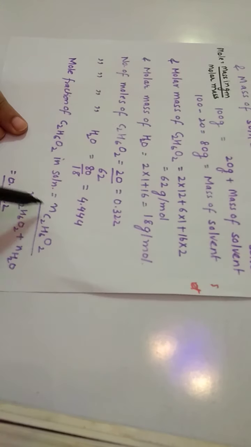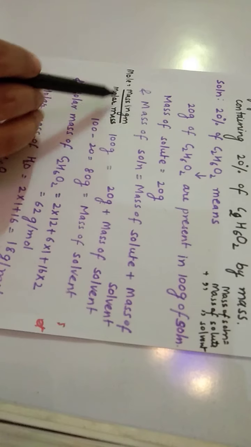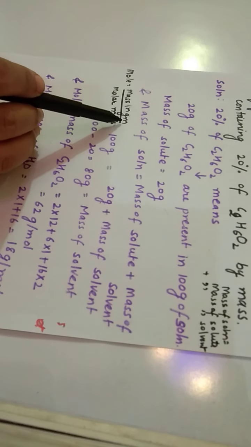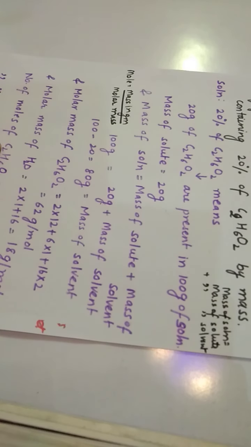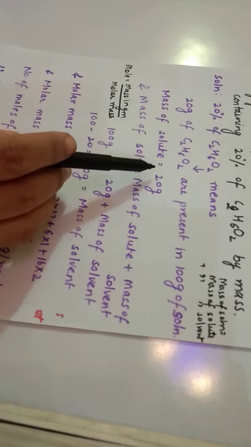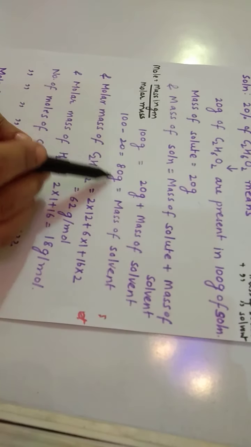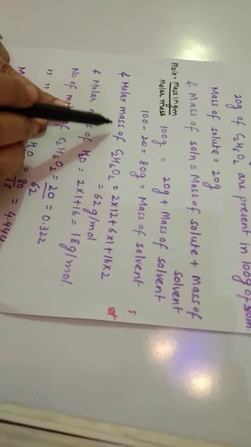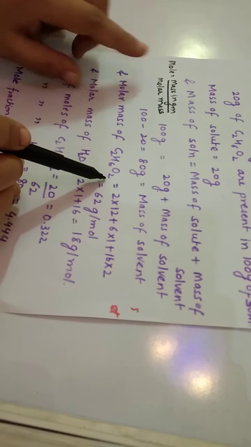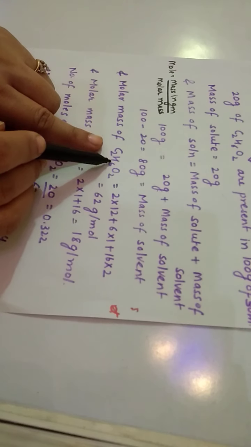To find the number of moles of ethylene glycol and water, you should know the mass in gram of ethylene glycol and water, and you should know the molar mass of ethylene glycol and water also. So we got the mass of ethylene glycol 20 gram and the mass of water 80 gram. Now we will find the molar mass of ethylene glycol because we need to put it into this formula. Ethylene glycol is C2H6O2.